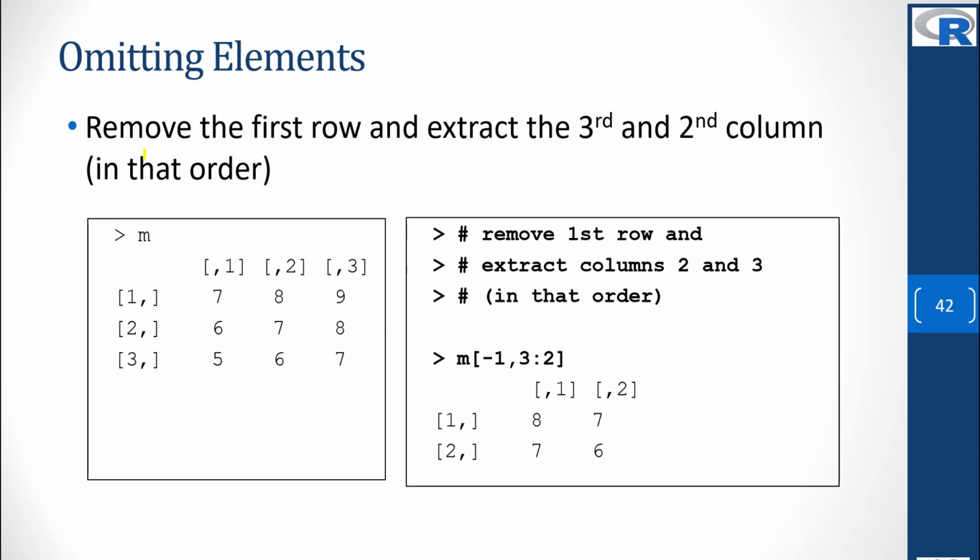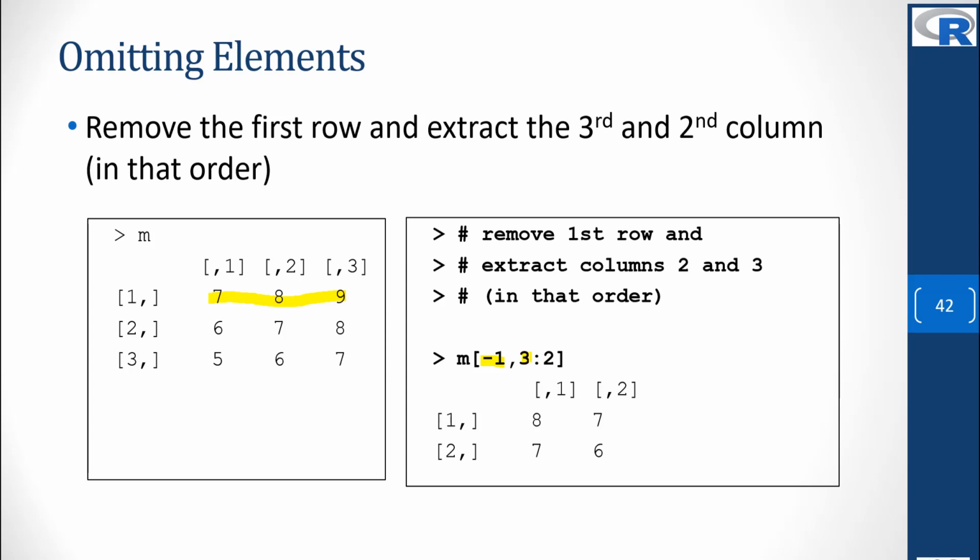Get even more complicated here. Remove the first row and extract the third and second column in that order. So we're going to use the multi-dimensional index here, and we're going to specify -1 to remove the first row, and that would be 789. And then we want to extract the columns, and we're specifying the range in a backwards order.